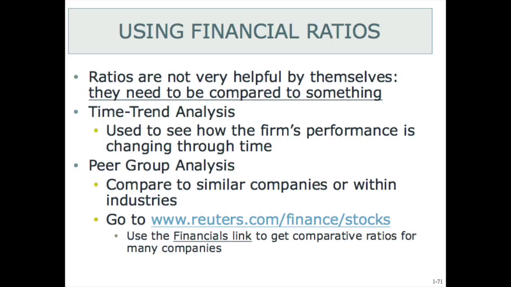One is time trend analysis, used to see how the firm's performance is changing through time. You could look and say, well, we were profitable at 15.7% this quarter, previously at 12, previously at 10, previously at 8, previously at 5, previously at 3. That's a pretty good trend. Things are moving in the right direction.